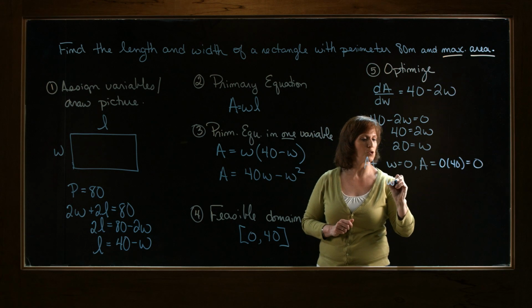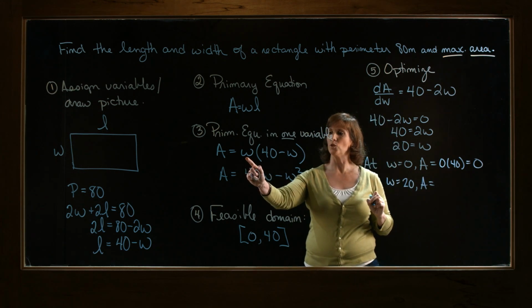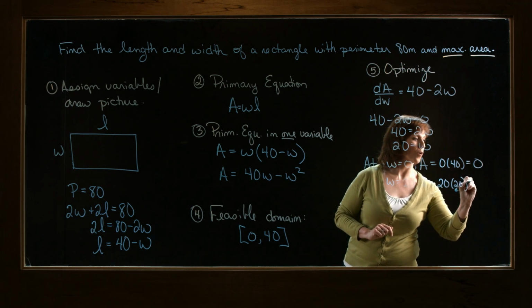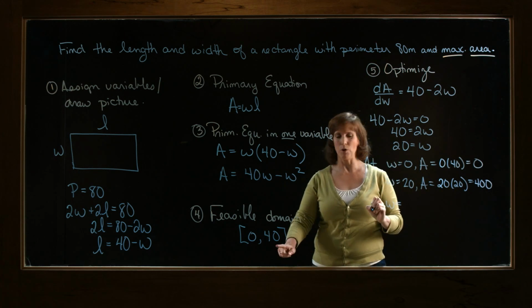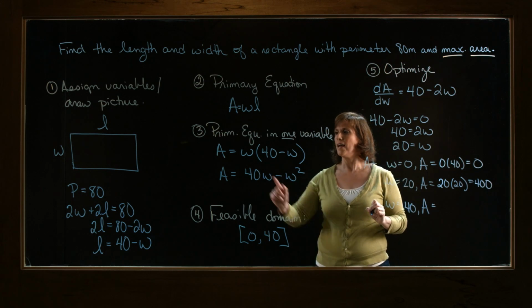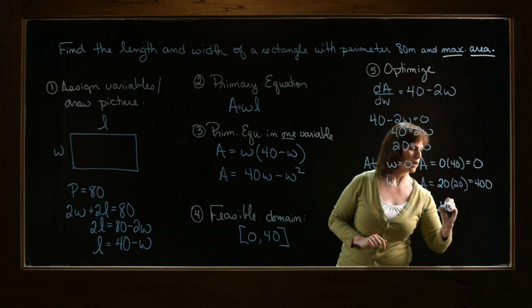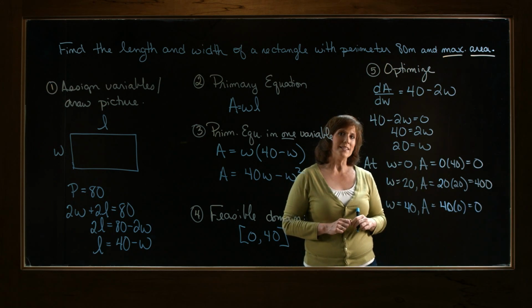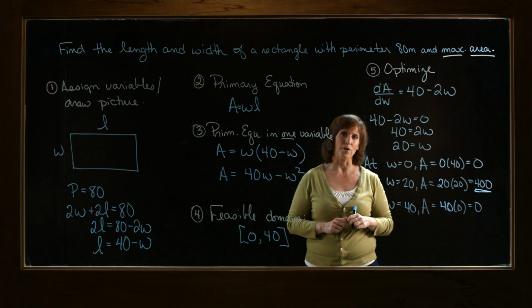When W equals 20, my area is going to be 20 times 20, or 400. And when W equals 40, the area is going to be 40 times 0, which is 0. Now we need to pick the largest value, which is 400.